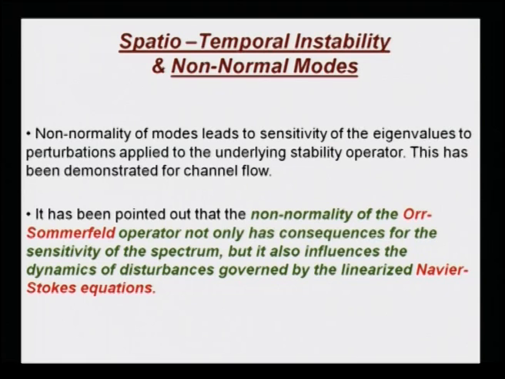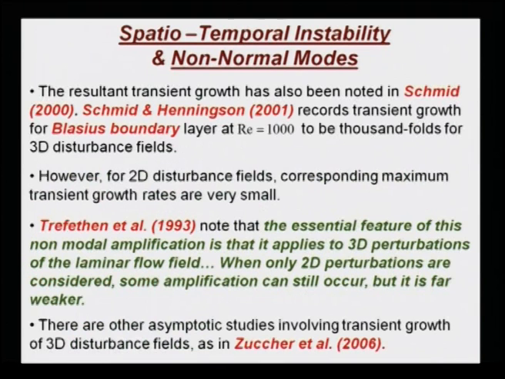Now, when we take stock of this, we notice that the transient growth that occurs as a resultant phenomenon, even for a Blasius boundary layer at Reynolds number of 1000, you can notice that there is a 1000-fold increase in the 3D disturbance field.